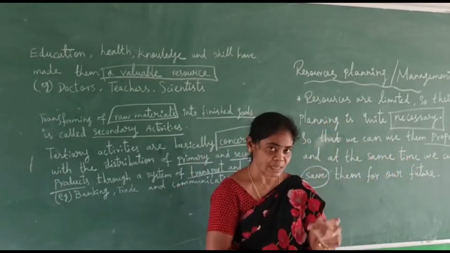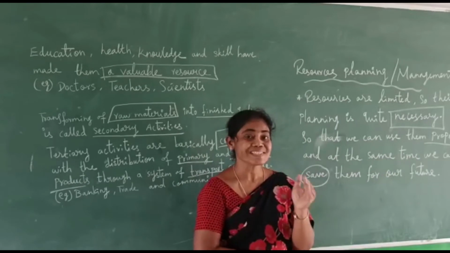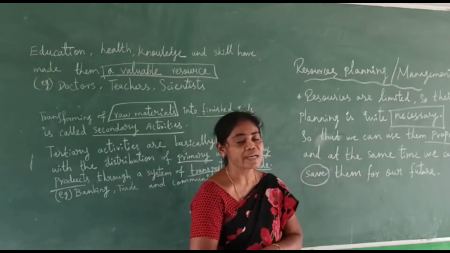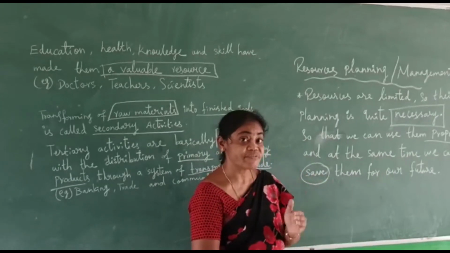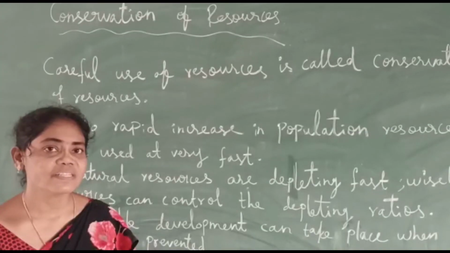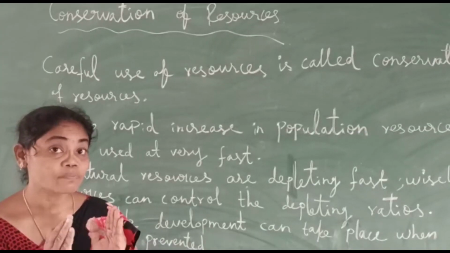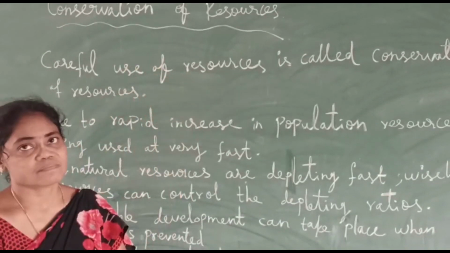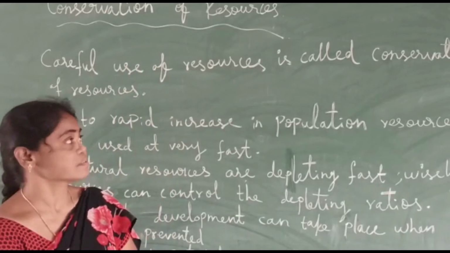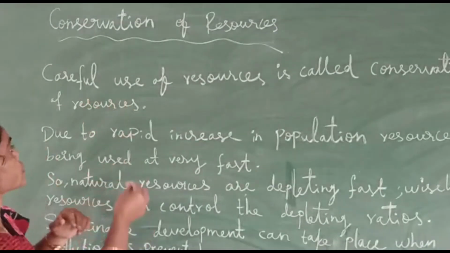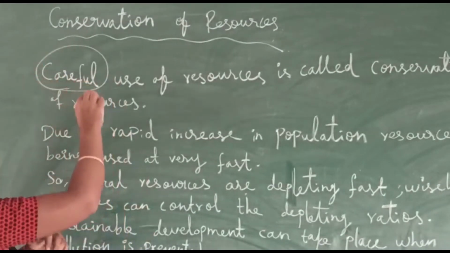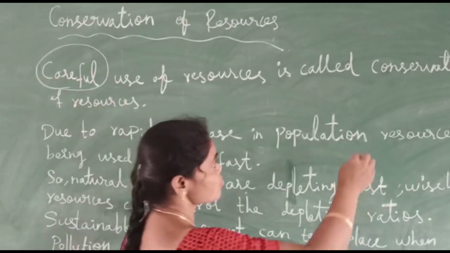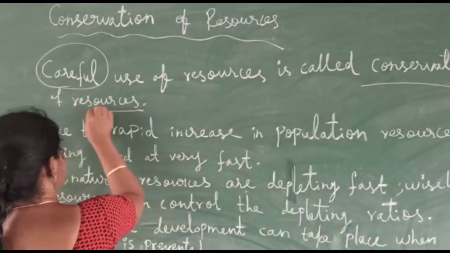Since resources are very limited, we want to use them carefully in a planned manner so that we can save them for our future. Now see how to preserve, that is conservation of resources. Conservation is preservation. Careful use of resources is called conservation of resources.